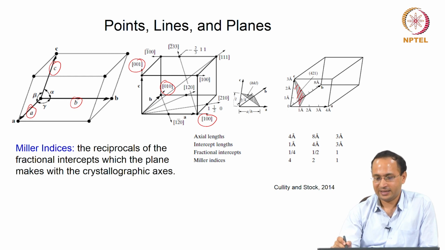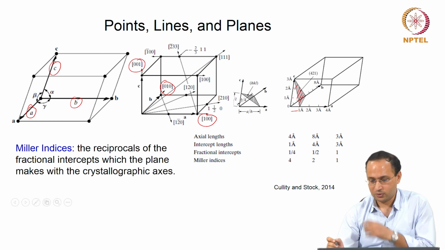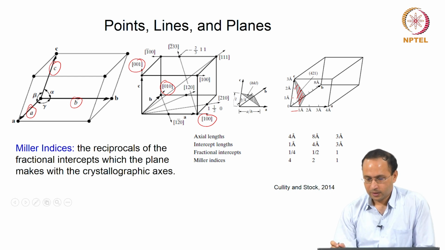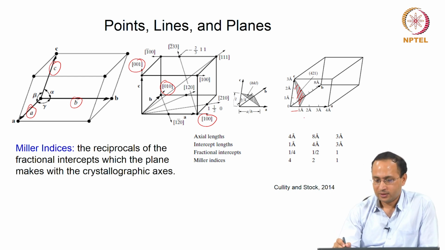Basically, it cuts A axis at 1 angstrom, this is 4 angstrom, this is 3 angstrom, and total length is 4 angstrom, this is 8 angstrom, that is the total length.